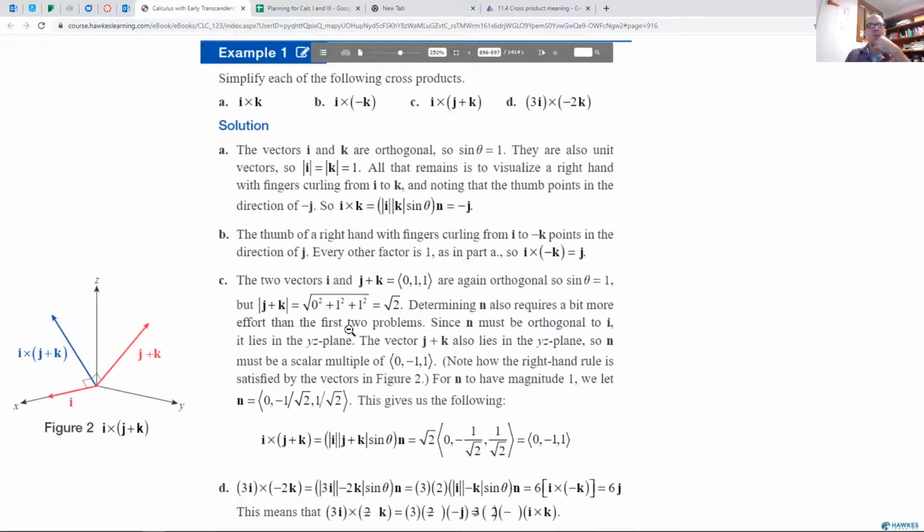Simplify, yeah. Oh, look at that. That's interesting. They just took the cross product without using the properties. They actually added J and K together before doing the cross product. Properties made it easier. Okay.